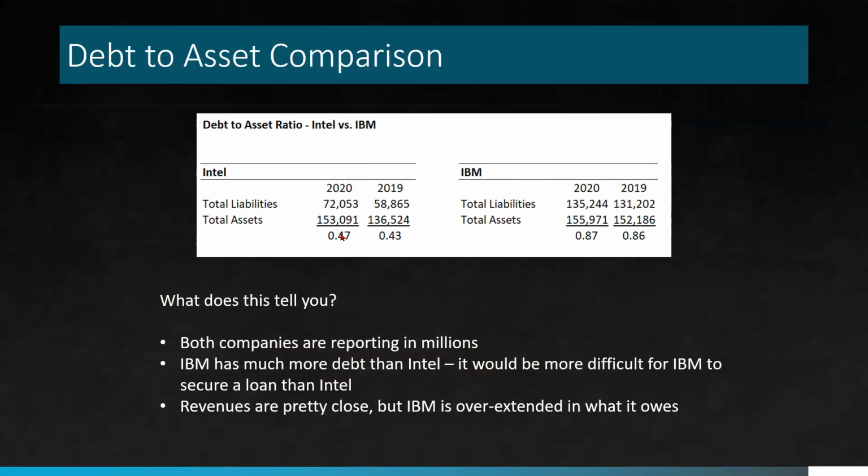Even though their revenues are pretty much on the same level, this is showing me that IBM is using much more debt than Intel. The higher that number gets, it's not a good thing. 0.3 to 0.6 are good indicators of a good debt to asset ratio, but again, it's industry specific.